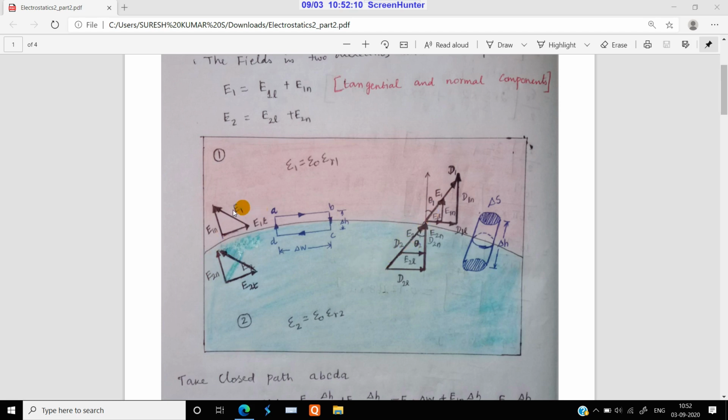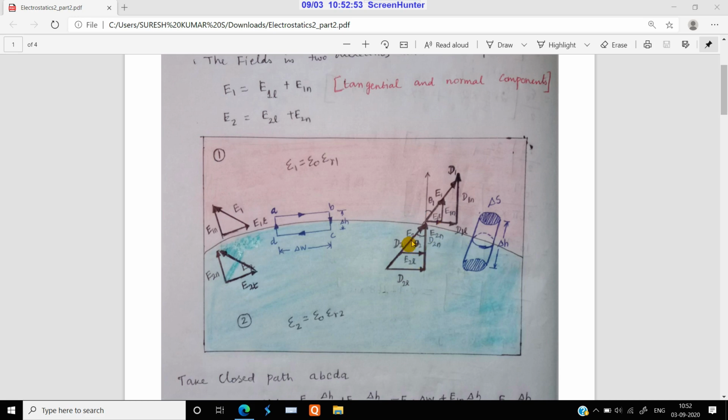We can see from this diagram that the interface has to be noted from the direction of D, as we can decompose D1 and D2 into these components. This is the direction of E1 and this is also the direction of D1. We can decompose D1 into D1t and D1n, and D2 into D2t and D2n.